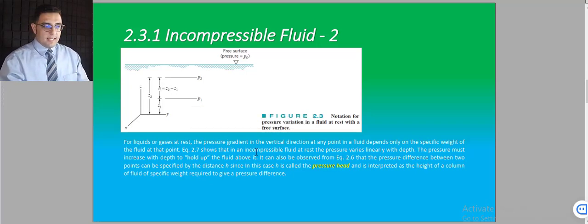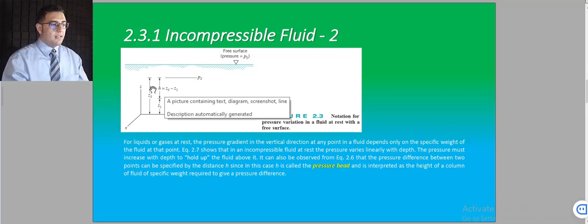Another thing is that as long as we have a constant specific weight, this means that we have a constant density, which means we are considering an incompressible fluid at rest. The term H means hold up distance.